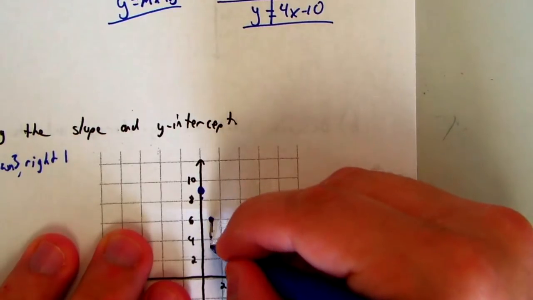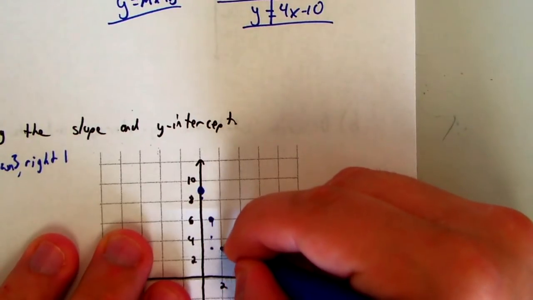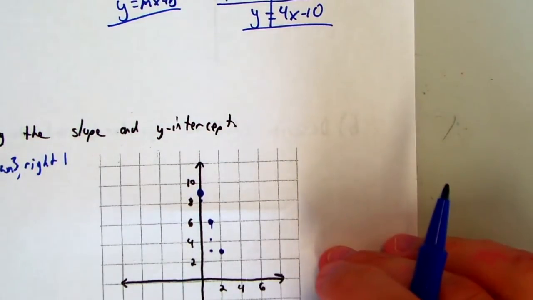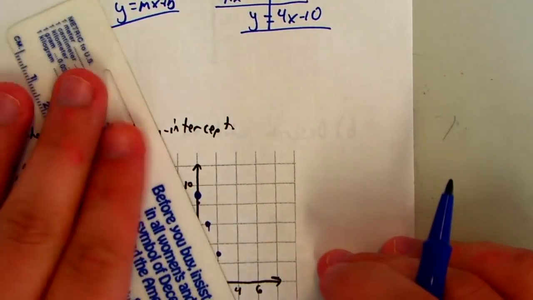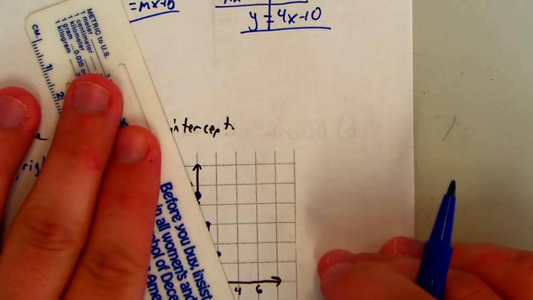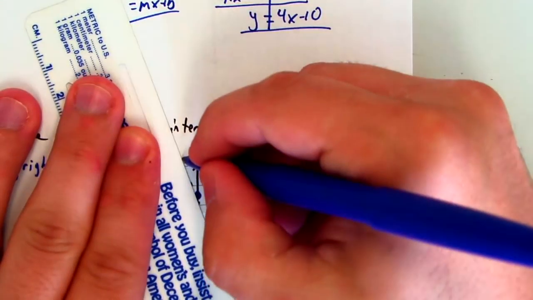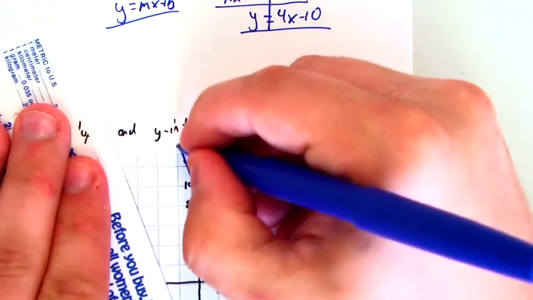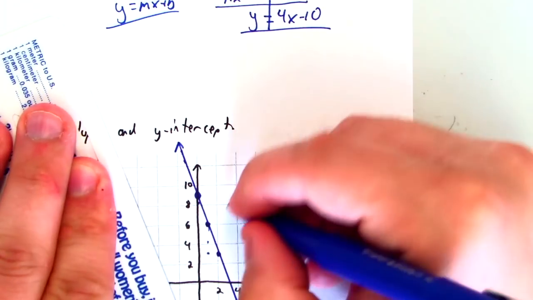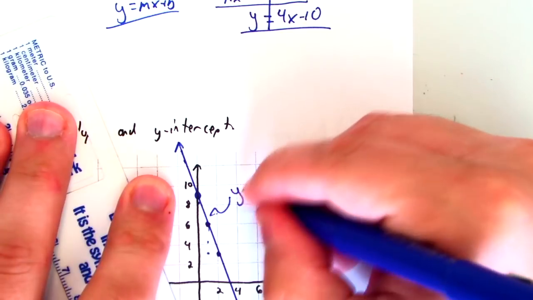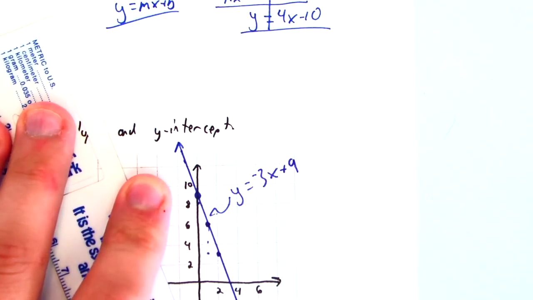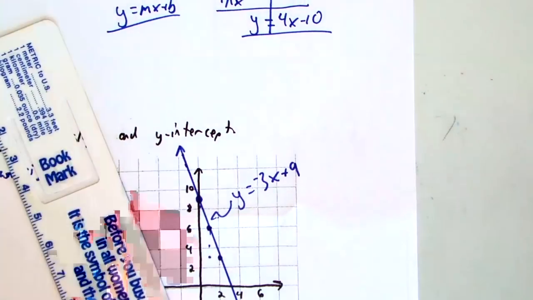I'm going to do exactly the same thing again: go down 1.5, to the right 1. And now I have 3 ordered pairs. I can connect those with a line, and I would have a graph that looks like this. And this equation is y equals negative 3x plus 9.